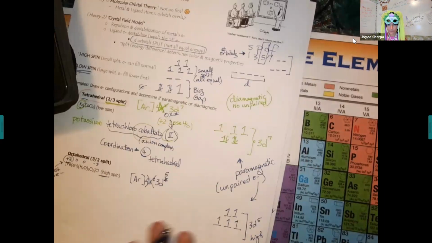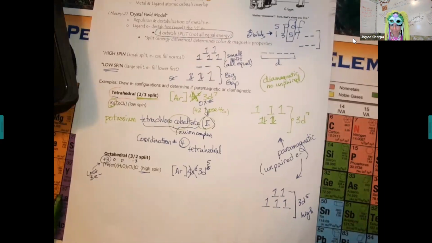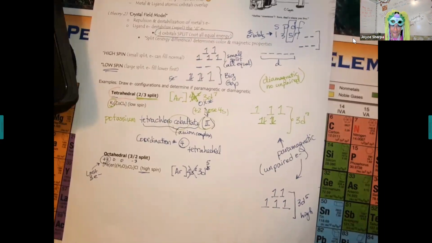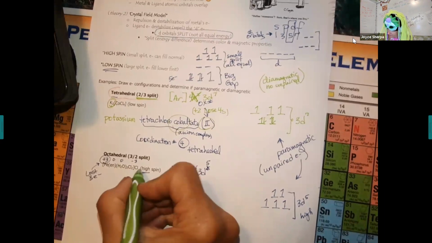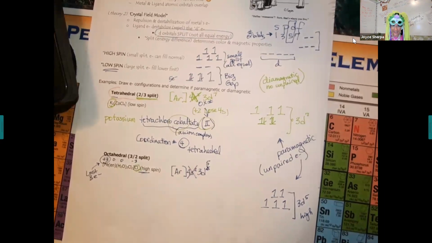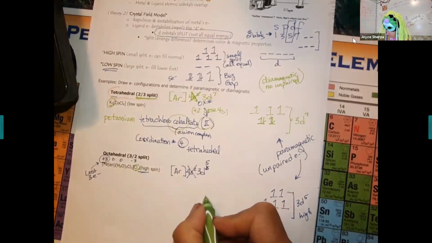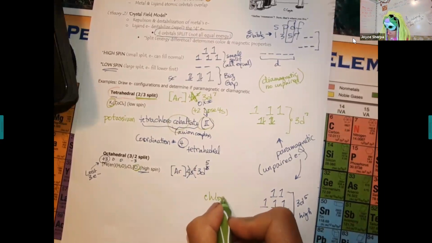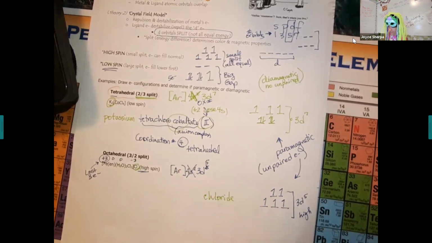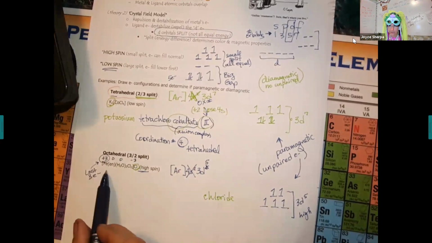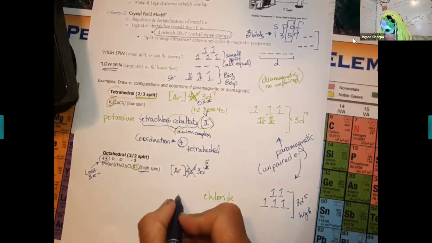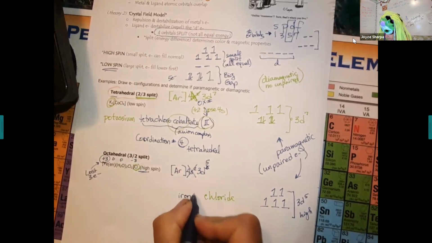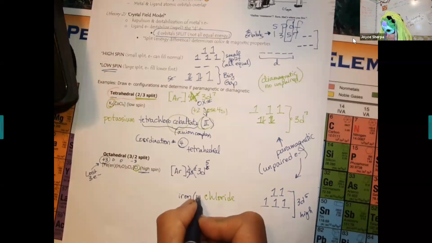All right, let's go back and name it just for the heck of it. This Cl is on the outside, so it's going to be the end of our name, chloride. In the complex, the last part of the name is the iron. And 3.